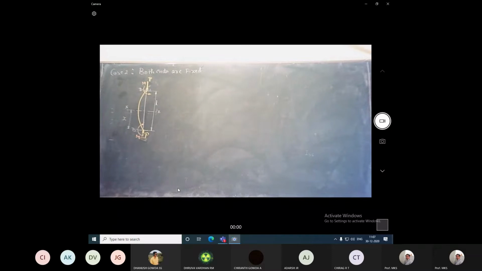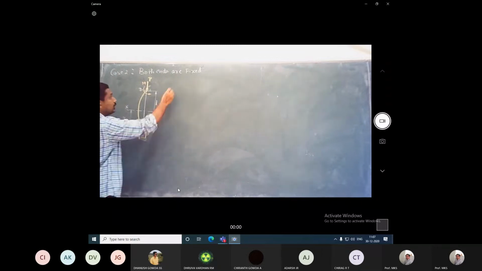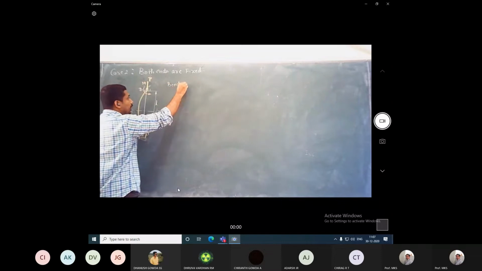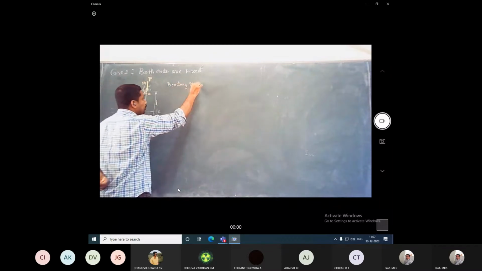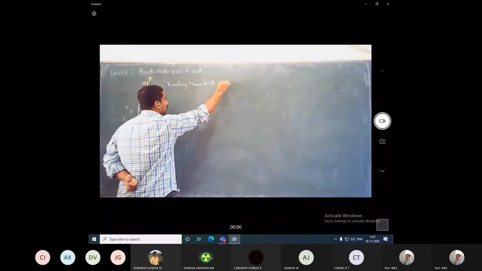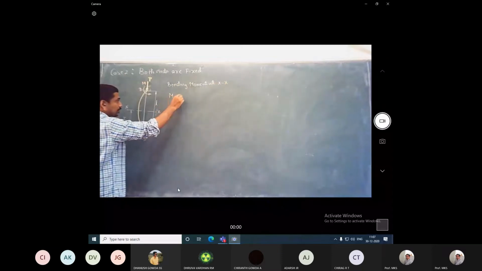So now, let us consider the bending moment at section XX. It is given, similar to last time, by MXX.